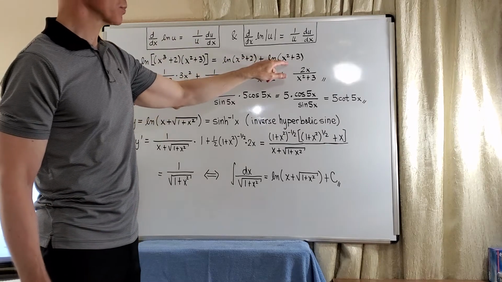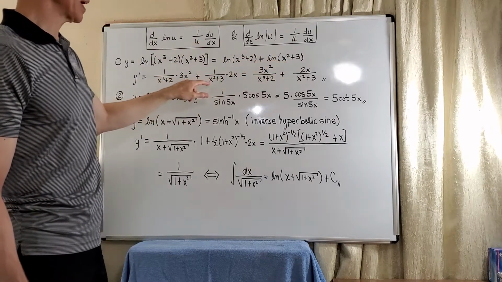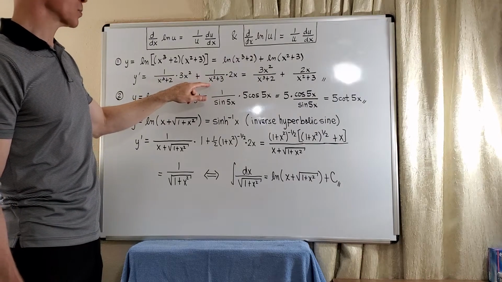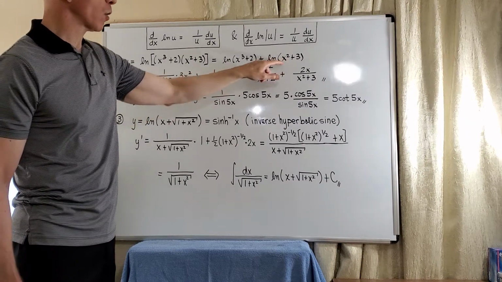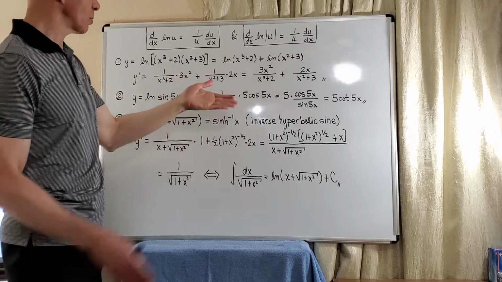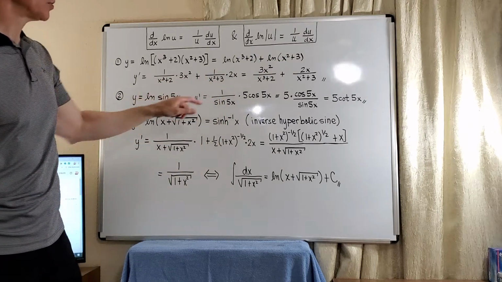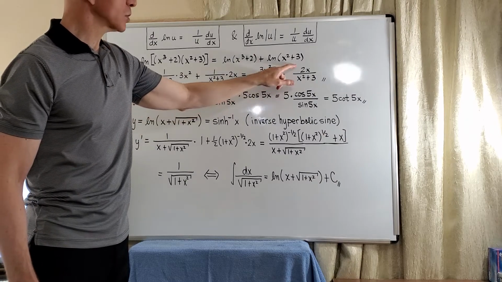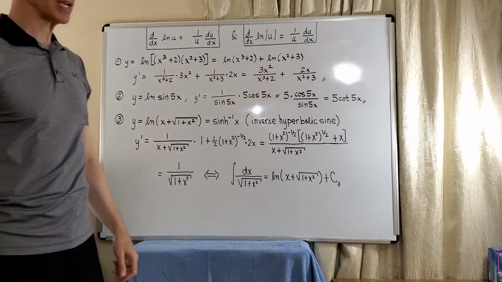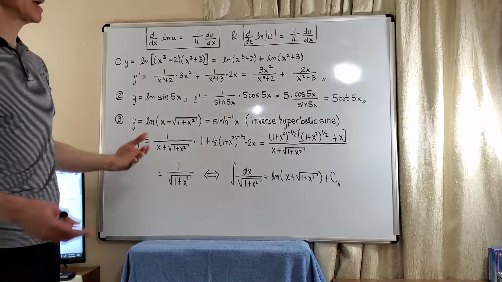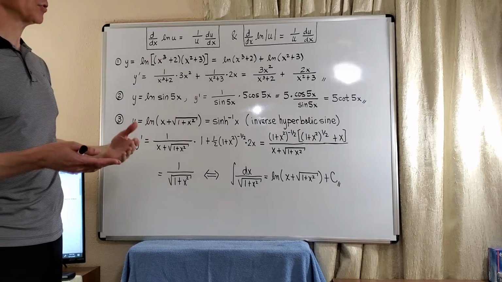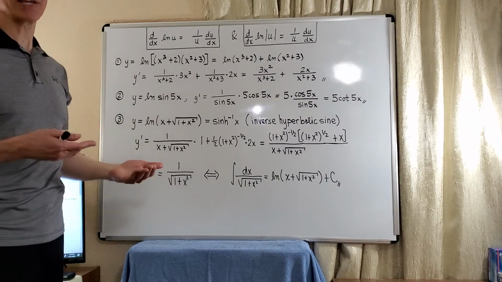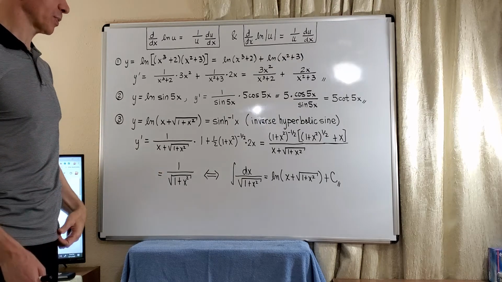And for this particular derivative, we reciprocate the argument, 1 over x squared plus 3, times the derivative of the argument, 2x. And so when you push everything together, you get 3x squared divided by x cubed plus 2 plus 2x divided by x squared plus 3. So this is really very simple, and you get to utilize a lot of your pre-calculus work on logarithms.